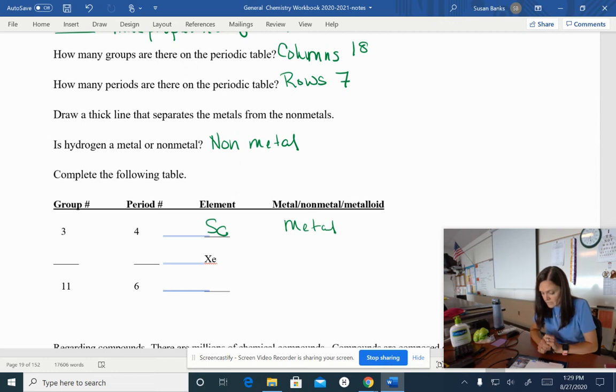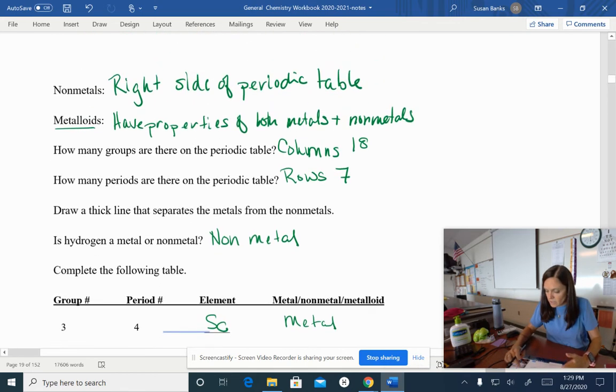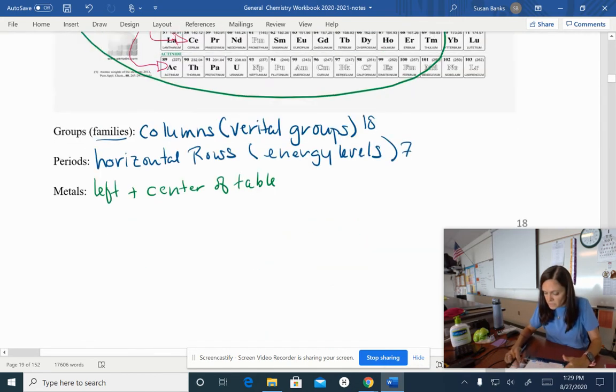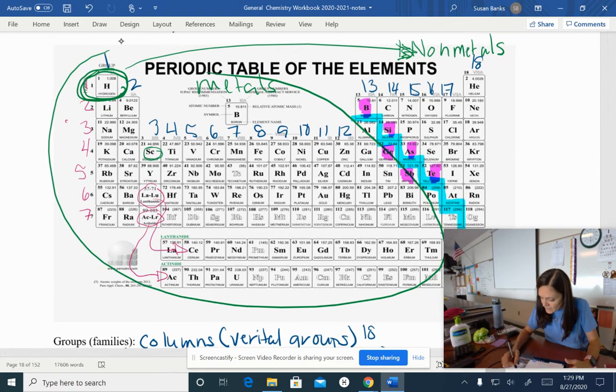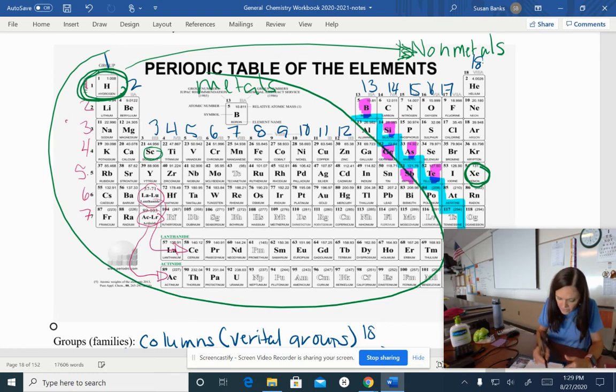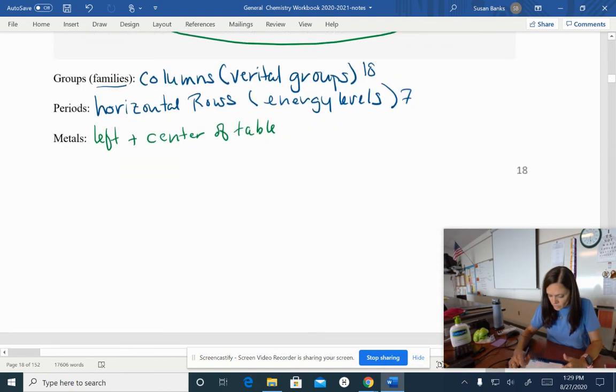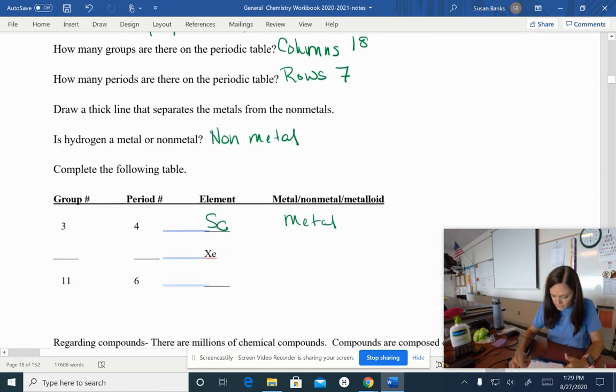Pause the video for a second. Okay, you ready to try these? So we're looking for xenon. That is our clue here. So here we go up to the periodic table. Xenon is right here. If I look at xenon, I am in group 18 and period 5.